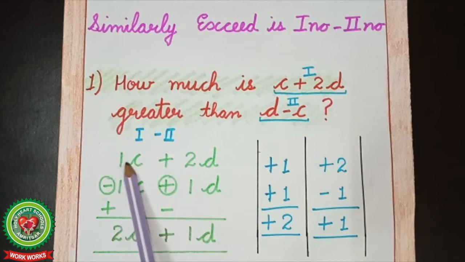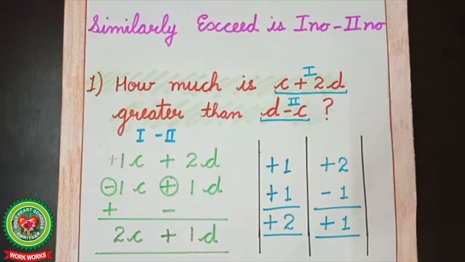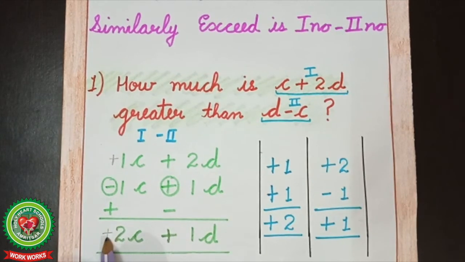Next is plus 1c, with c no sign is there, so we put the plus sign, and here again plus 1c. So plus sign, add the numbers, 1 plus 1, which is equal to 2. So here we got the answer, that is plus 2c plus 1d.